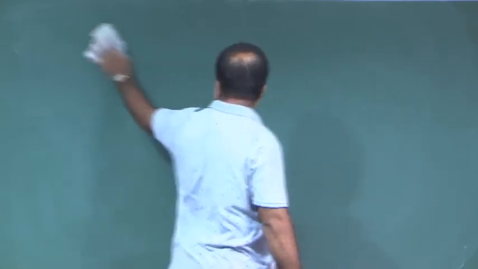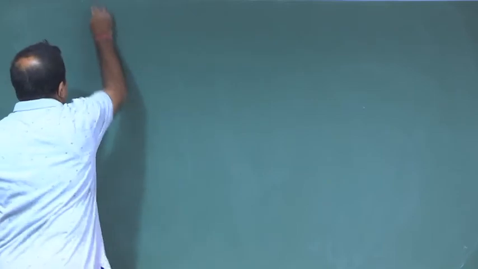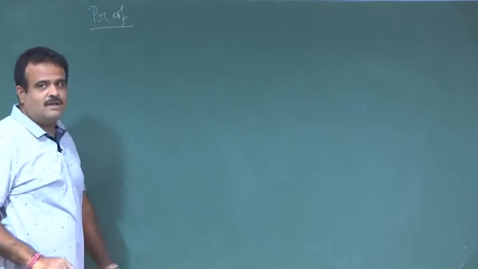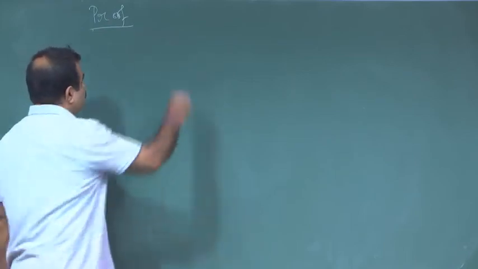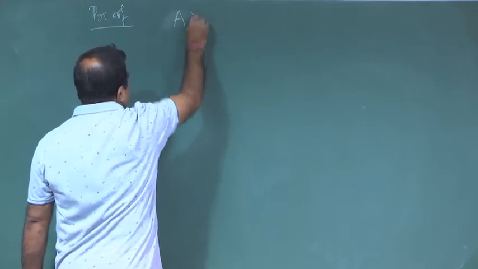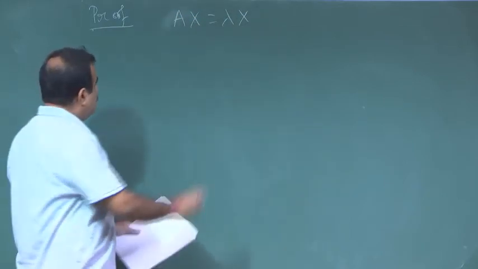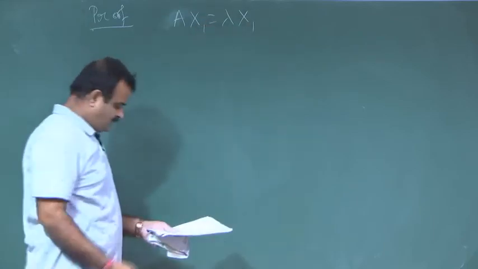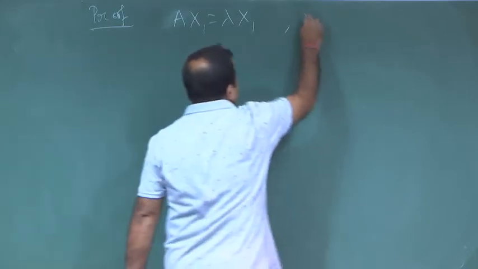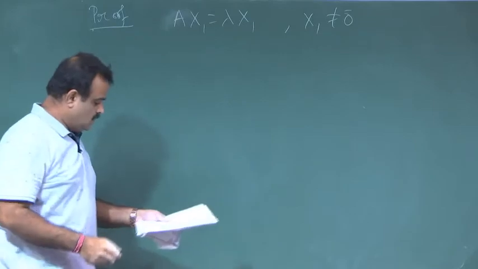So, for this, suppose lambda is an eigenvalue of the matrix A. So, that means there is a non-zero vector x such that A x equals lambda x, or we can say some non-zero vector x 1, not equal to the 0 vector. So, what we do?